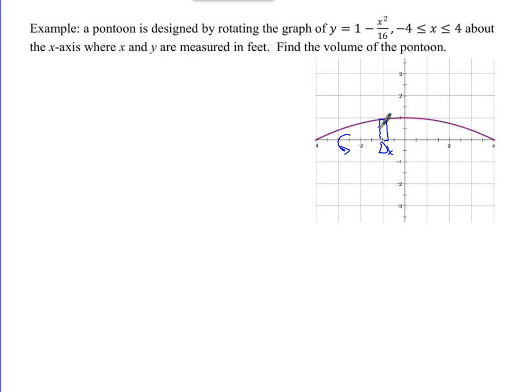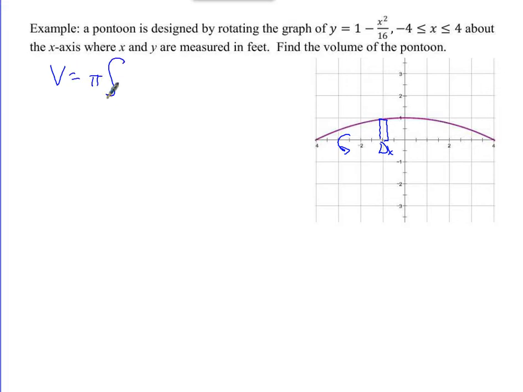This is the radius, because once I revolve this, it's going to be a disk that's created. So we're creating a radius, and the radius, to make an area of a circle, I have to do pi r squared. So that's where the pi is coming from up front.